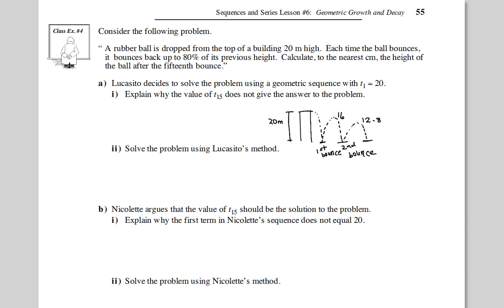Okay? And now what this book will do, and it has this Lucasito, whatever that is, some person, he starts the sequence at T1 equals 20. And that is before the first bounce. If T1 is 20, you're talking about before the first bounce.